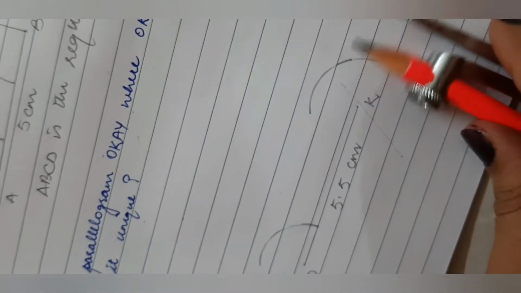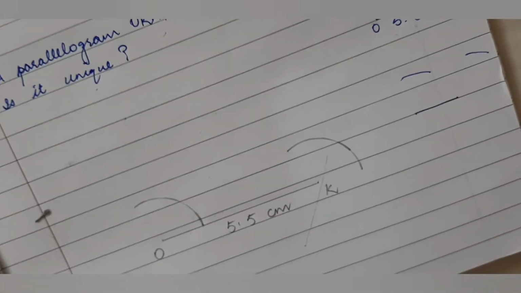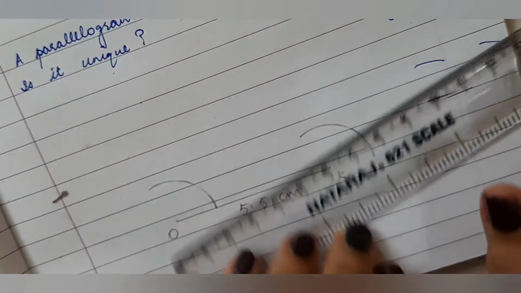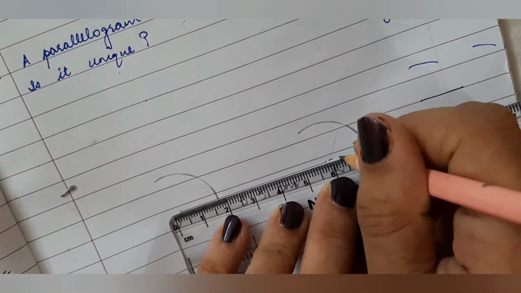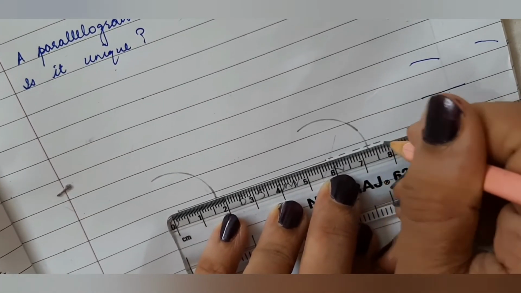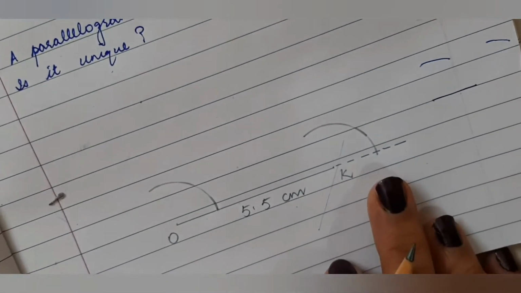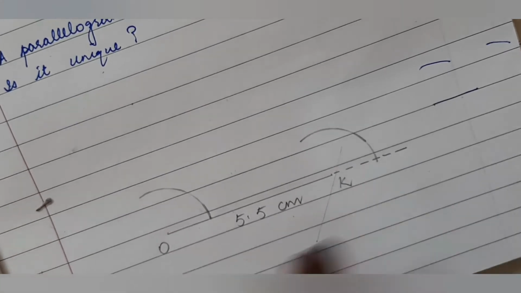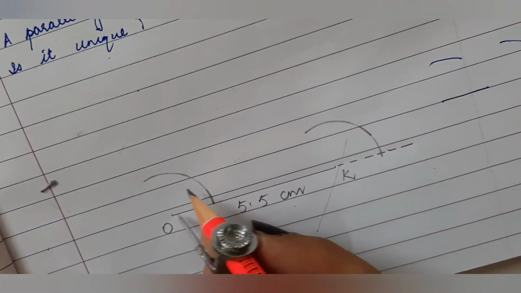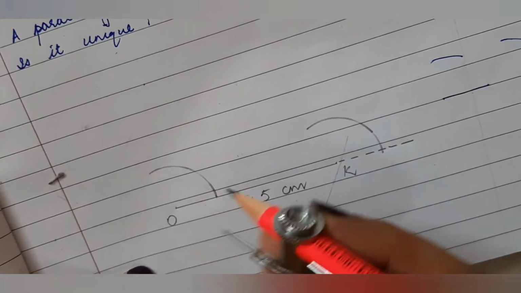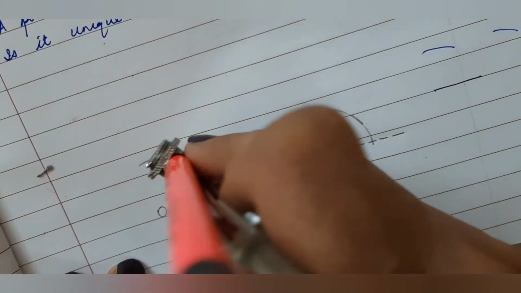To draw corresponding angles, let's extend this line to be an imaginary line, because I want a point from where I will draw another arc. So I need a point. So just extend it. I will make it dotted because this is not the real line I want. Now with this same radius, draw another arc here.